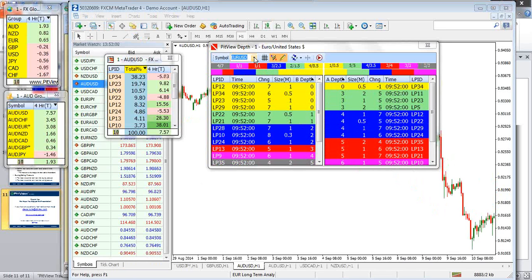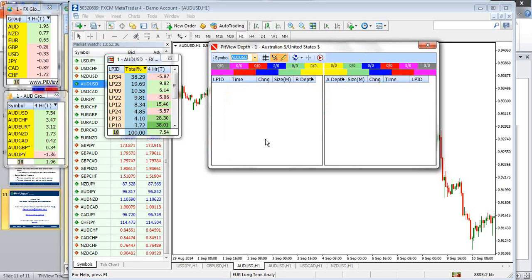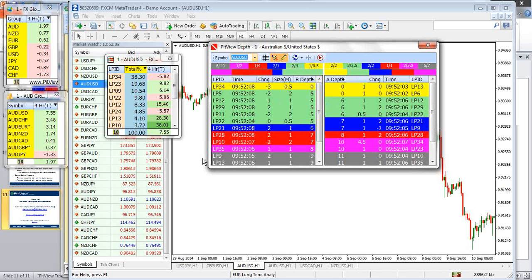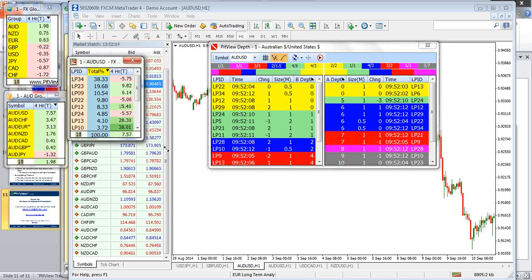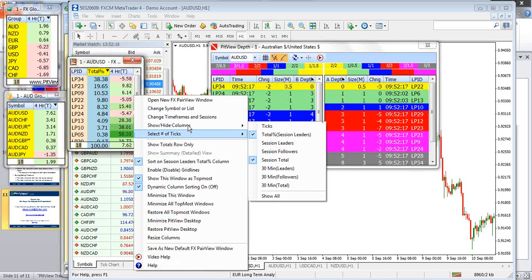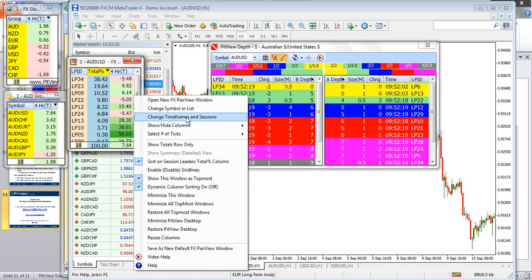And on the PitView depth window up here, what I'll do is pull up Aussie US dollar. Now I had it up here on the 4-hour charts. Let me change the time frames a little bit here.